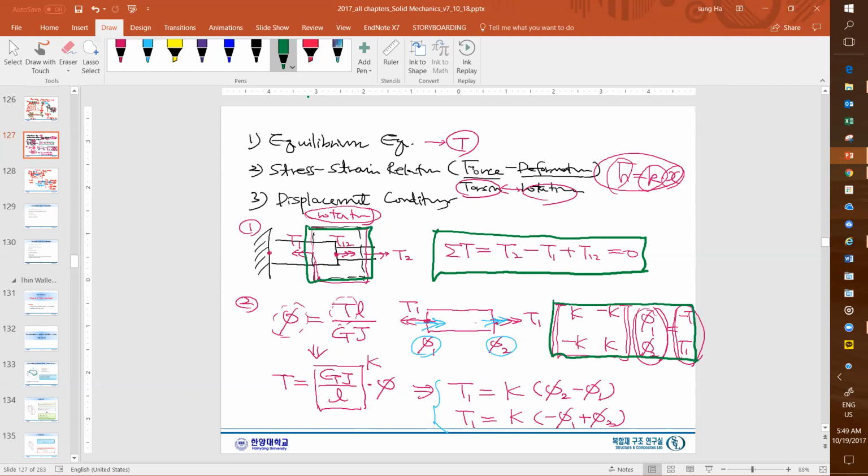Now, what is the displacement condition? Well, in this case, we don't have to consider that because at each point we consider phi2 as only one value. When we consider others, there will be phi3 and so on. So this displacement condition at each point will be automatically met.